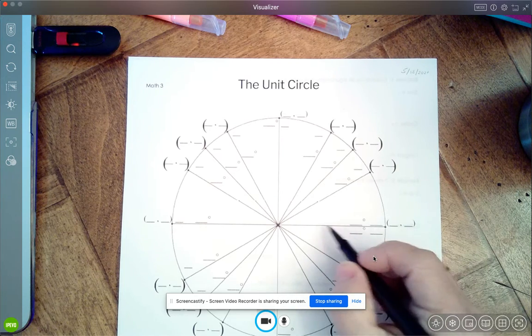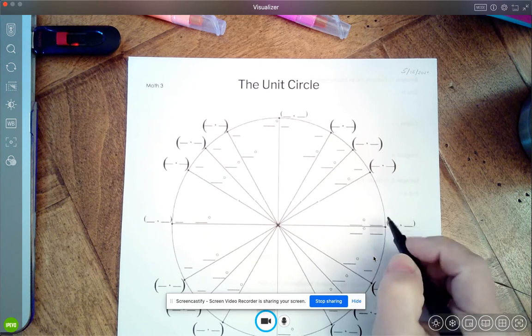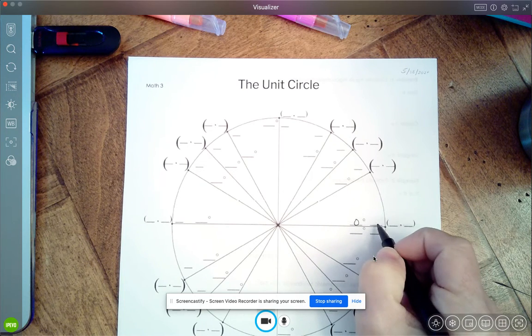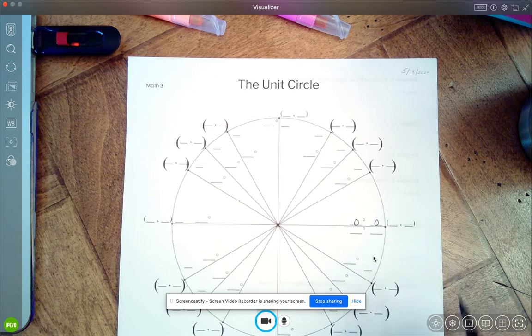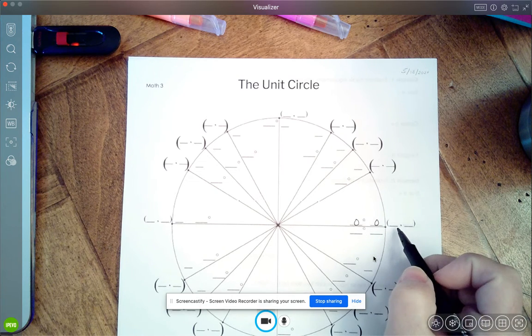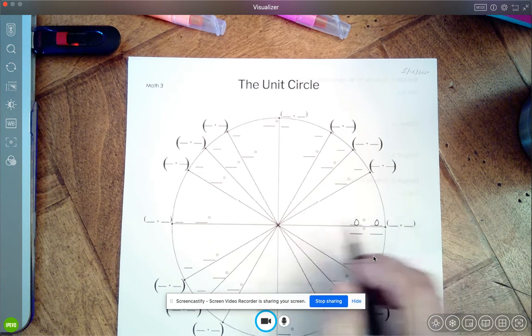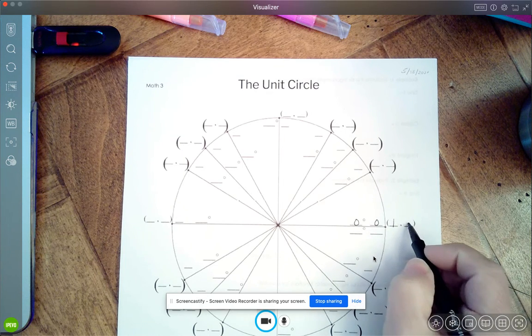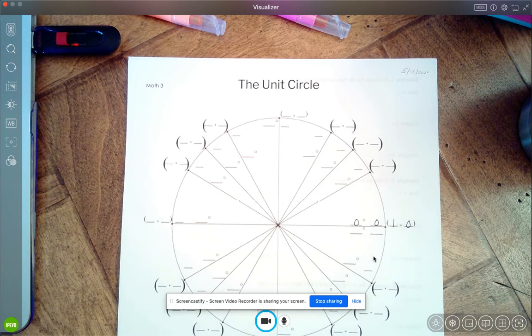If we're talking about the circle, this is 0 degrees, and it's also going to be 0 radians if we were to convert that. What is my coordinate here? I have gone over 1 on the x-axis and up 0 on the y-axis.